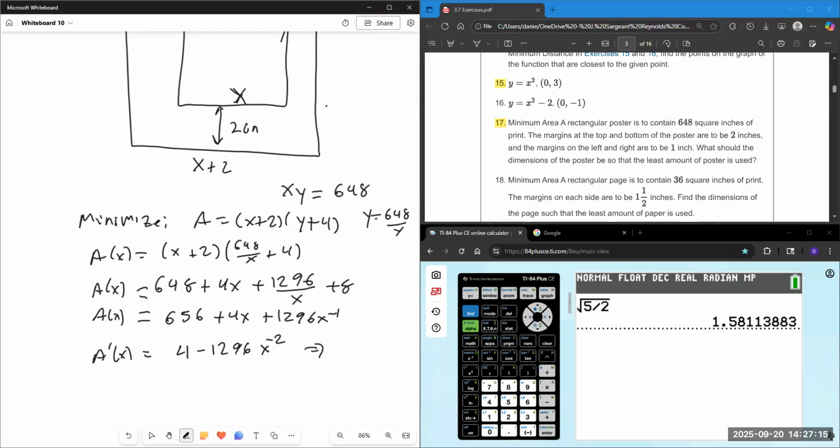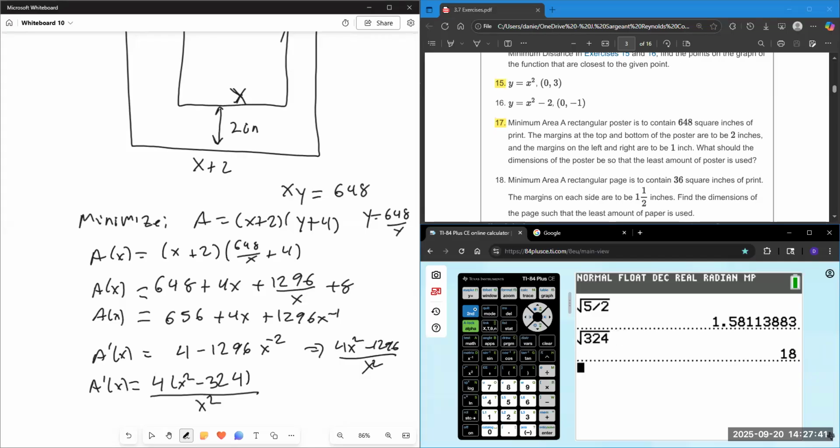I'll turn that into 4X squared minus 1296 over X squared and factor out 324, square root of 324. It's going to be 18. So that's 4 times X plus 18, X minus 18 over X squared.